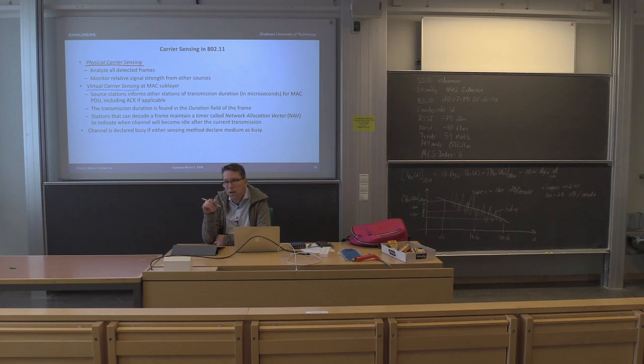A node that has decoded this can then simply start a counter and wait. So it works like this. The source station, the one transmitting its frame, informs other stations about the duration of the transmission in microseconds for the MAC PDU plus the ACK, if we have ACKs, which we normally do.